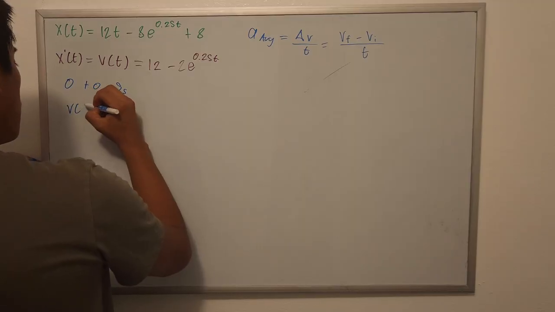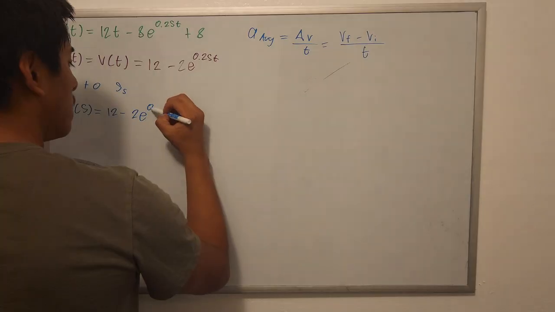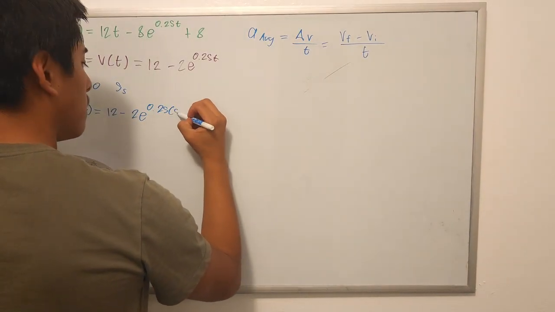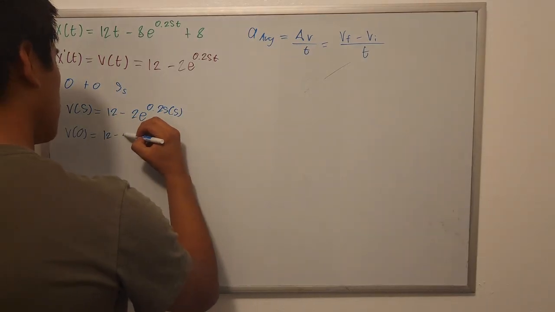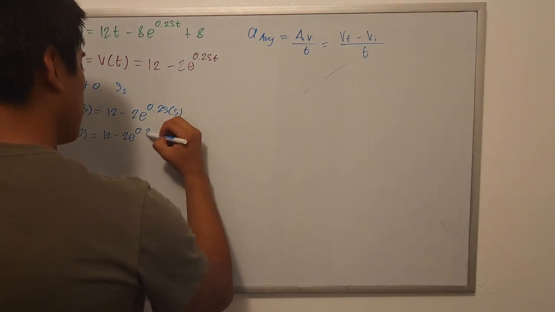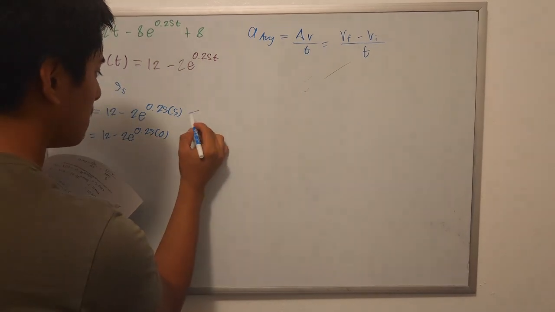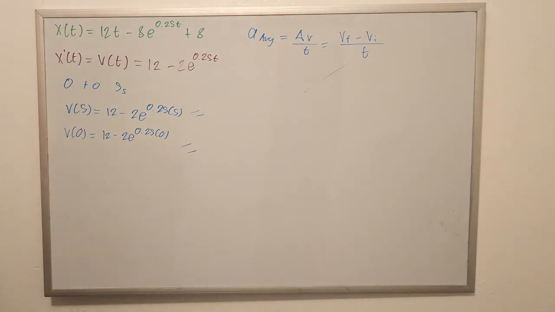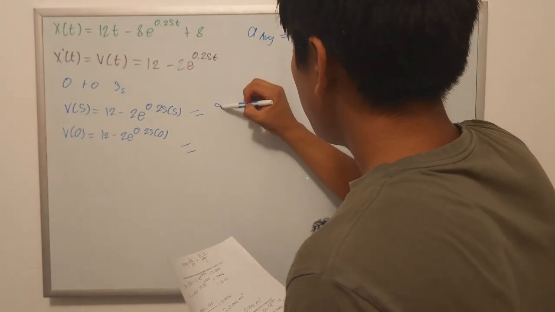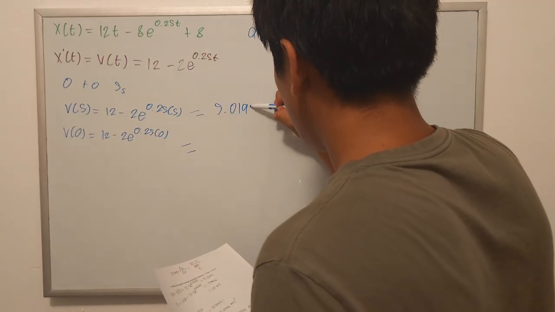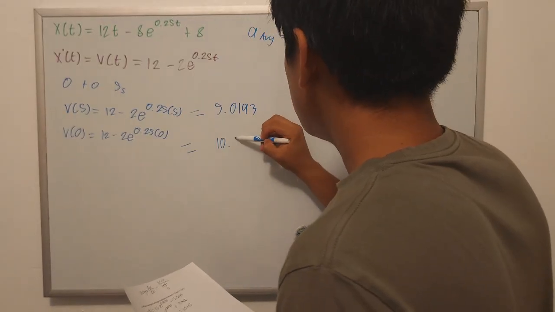So v of 5 equals 12 minus 2e to the 0.25 times 5, and then v of 0 equals 12 minus 2e to the 0.25 times 0. And then there you're going to get, for 5 seconds, 5.0193, and then for 0 seconds, we're going to get 10.